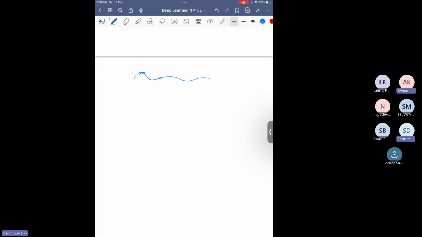Here I can say the function is a line, but here it is like an inverted parabola and so on. We don't know what this function is, but at certain points, can we approximate it? That is what the Taylor series tells us.